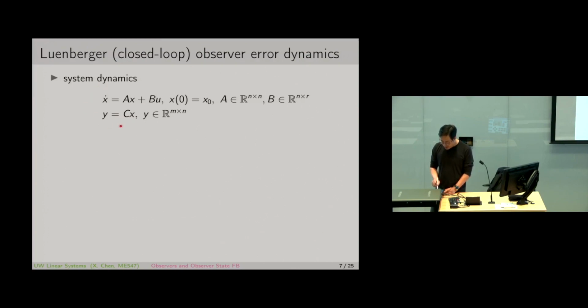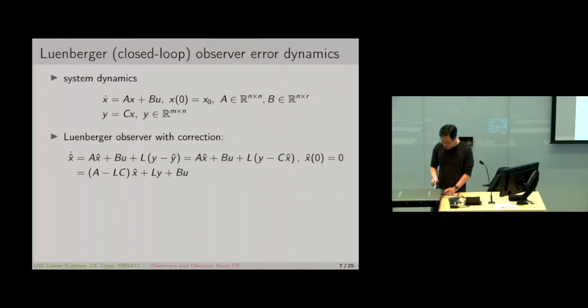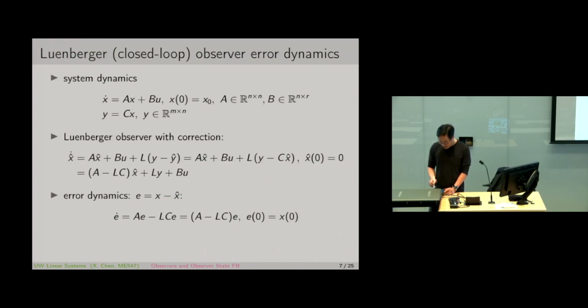We have the state dynamics, we have the observer dynamics. I'm just copying the same equation down over here. If we define the same thing, x minus x hat, to be the error in the state estimation problem, then we can subtract this equation with this equation.